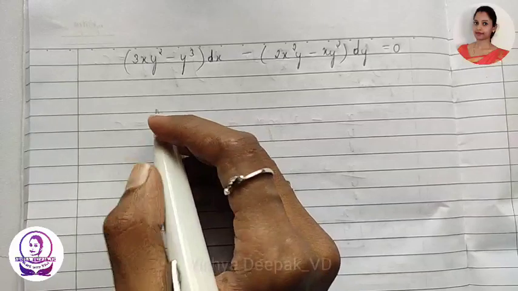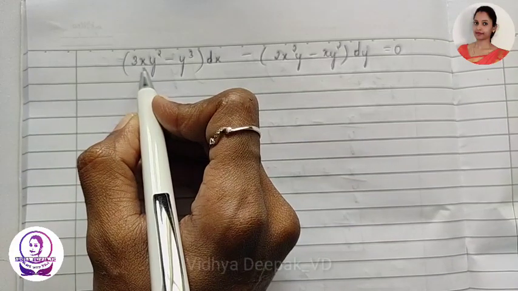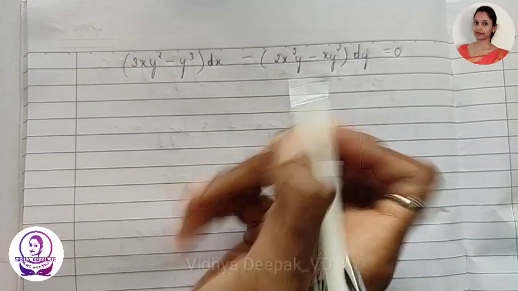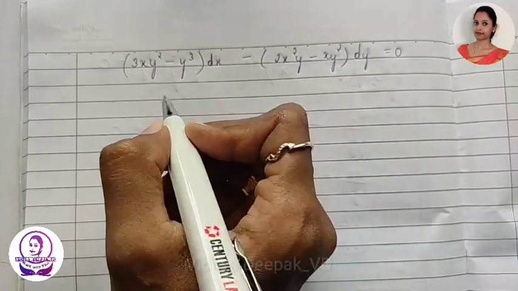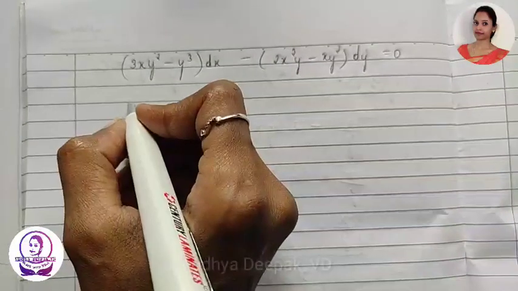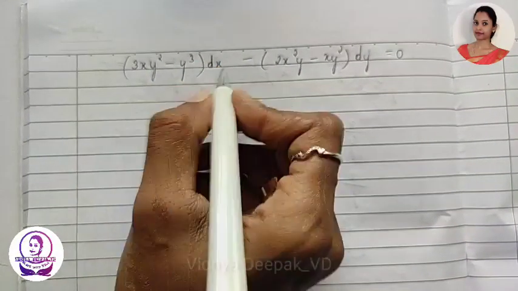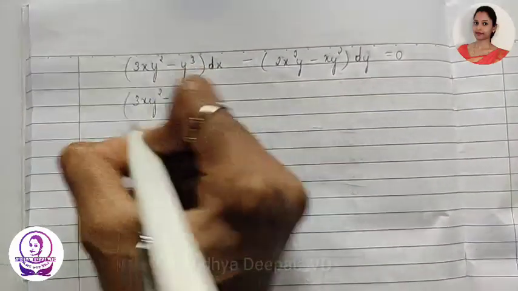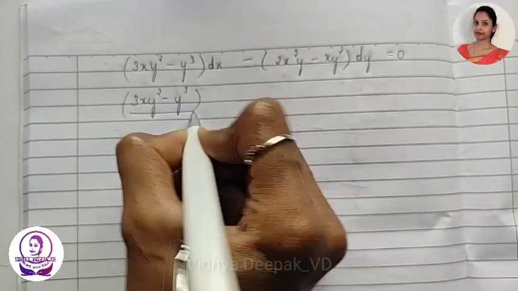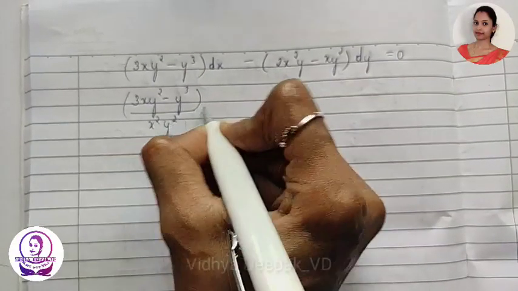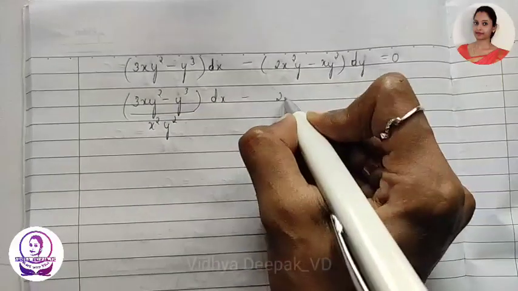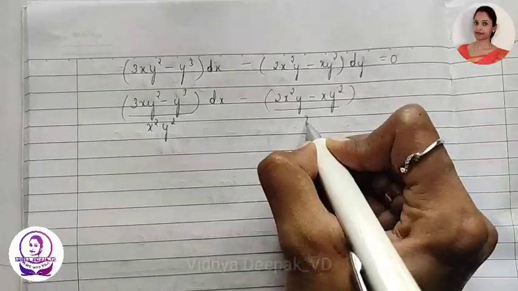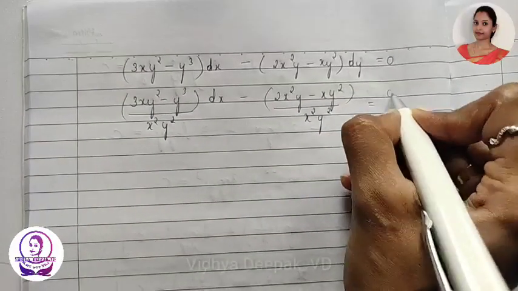Okay, so our given equation is this: 3xy square minus y cube dx minus 2x square y minus xy square dy is equal to 0. So we have f of x to be, what was f of x? 1 by x square y square, right? So we will multiply f of x with this, that is 3xy square minus y cube divided by x square y square into dx minus 2x square y minus xy square divided by x square y square equal to 0.